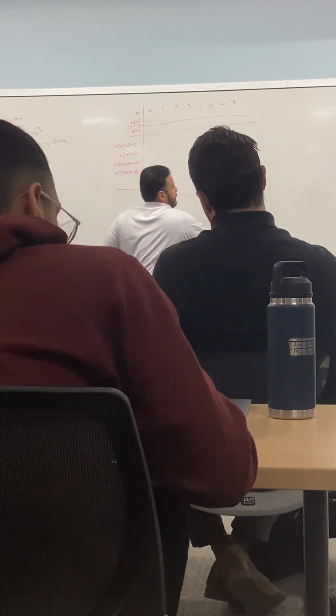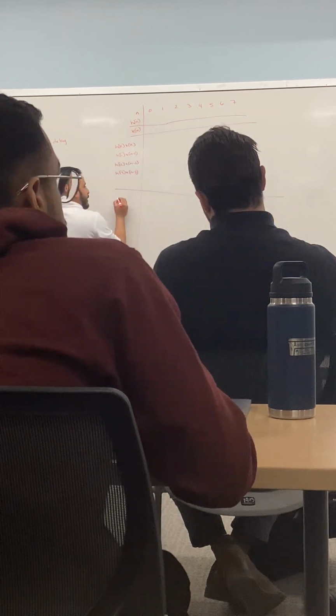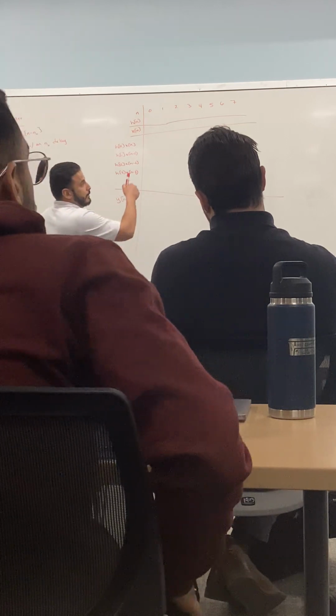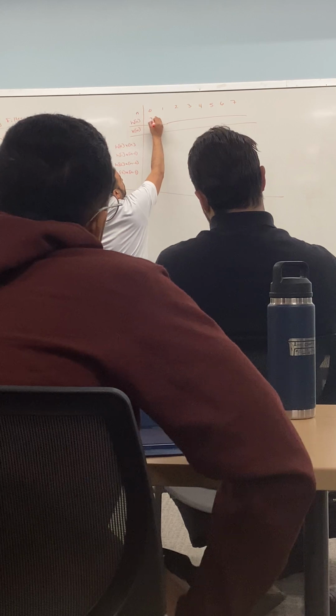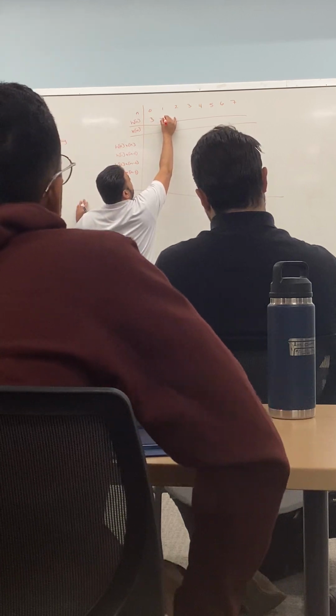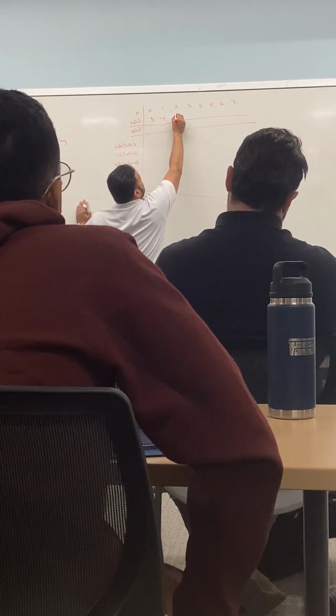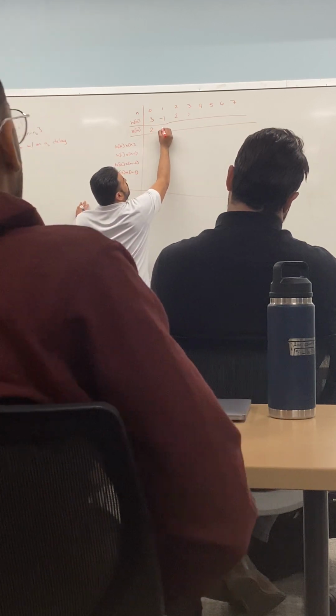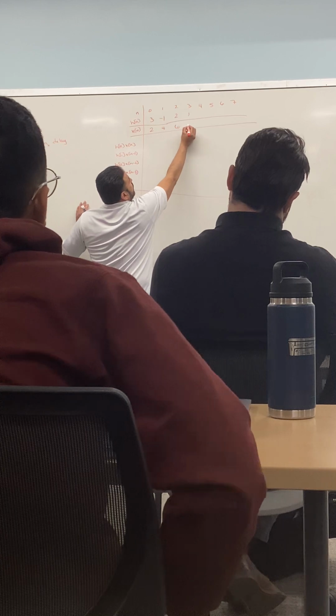Then I would delineate it, and then I would say my y of n. Then I would put my h of n, so I would say this is 3, this is negative 1, this is 2, this is 1. And x of n is 2, 4, 6, 4, 2.